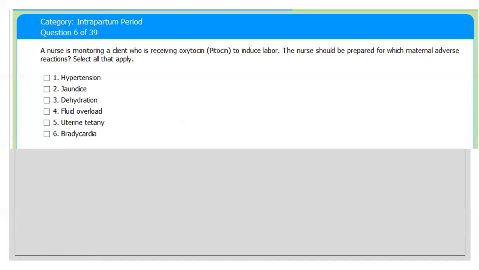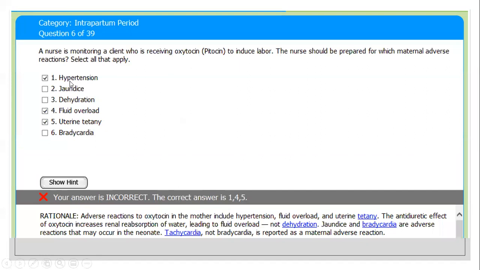So the most common side effects: the patient develops hyponatremia, painful contraction, or hypertonicity. What is the correct answer? Hypertension, jaundice, dehydration, fluid overload, uterine tetany, bradycardia. The correct answer is 1, 4, 5, meaning hypertension, fluid overload, and uterine tetany.